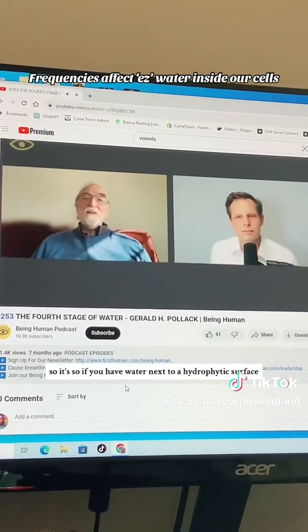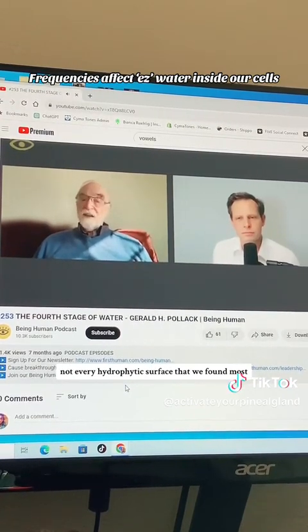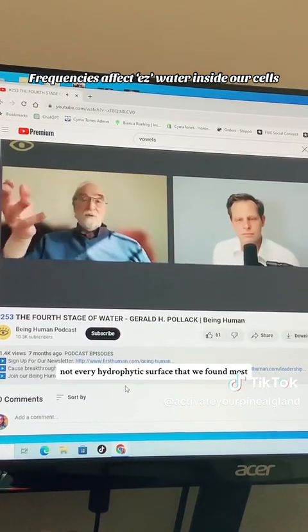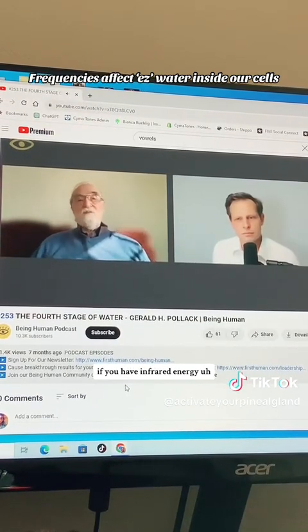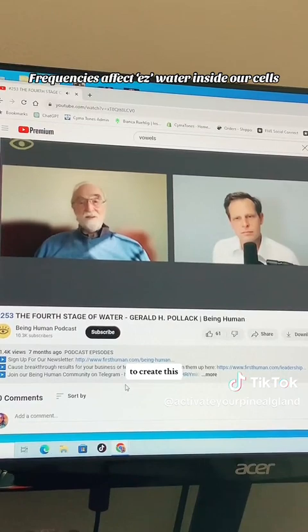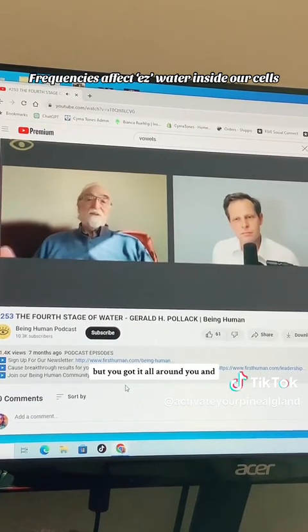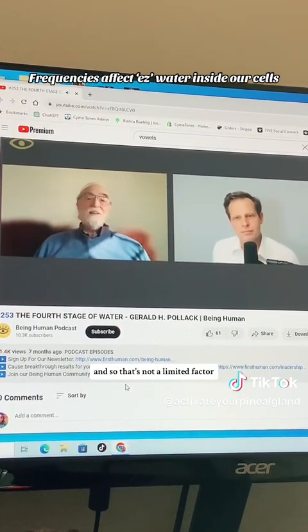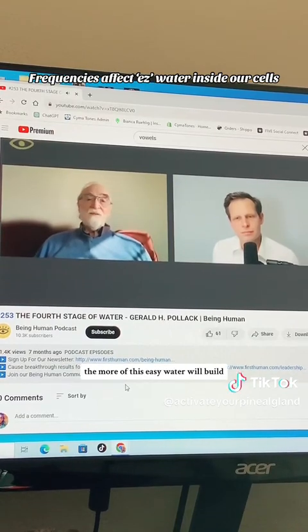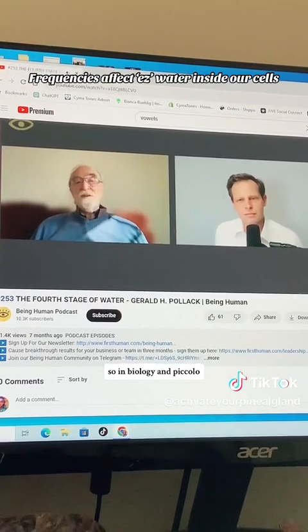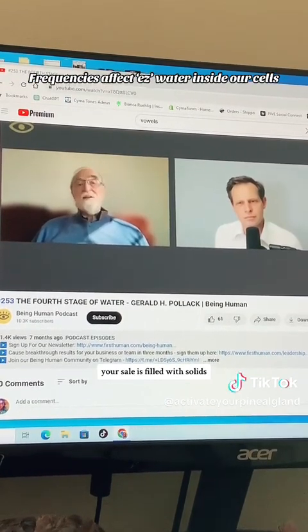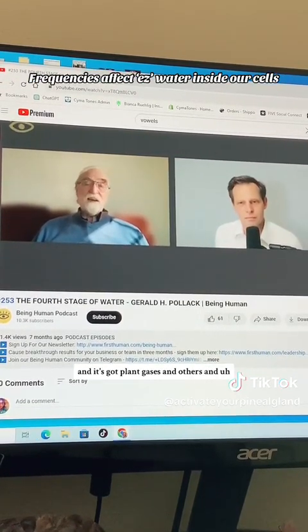So if you have water next to a hydrophilic surface, not every hydrophilic surface, but we found most, especially biological surfaces, the water will form automatically if you have infrared energy to create this buildup. But you've got it all around you, and so that's not a limiting factor. And the more you have, the more of this EZ water will build. So in biology in particular, your cell is filled with solids. It's got proteins, it's got nucleic acids and others.